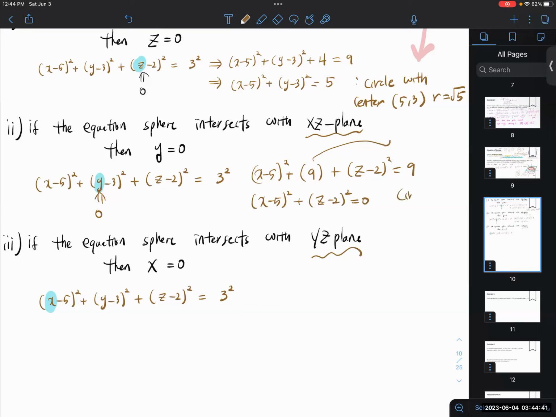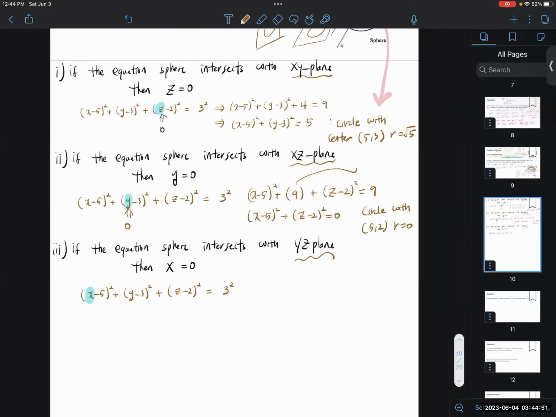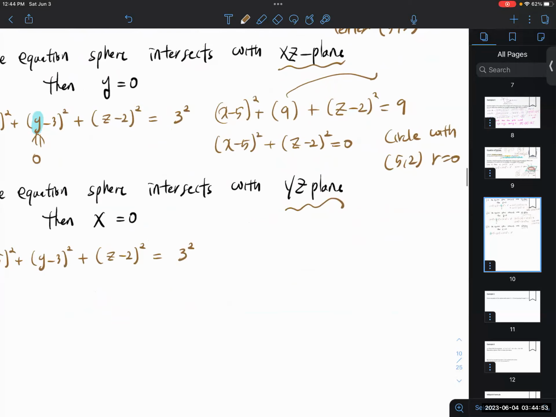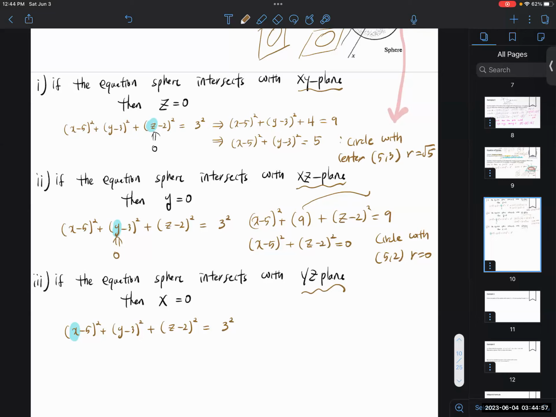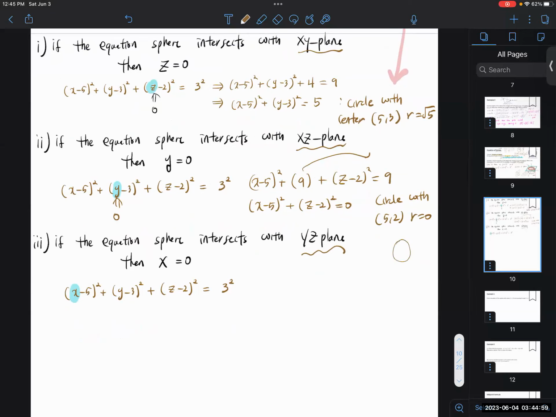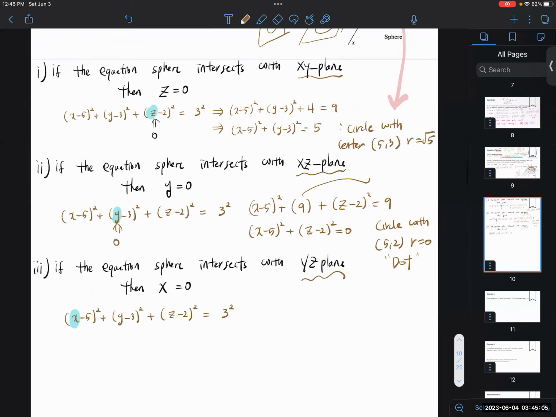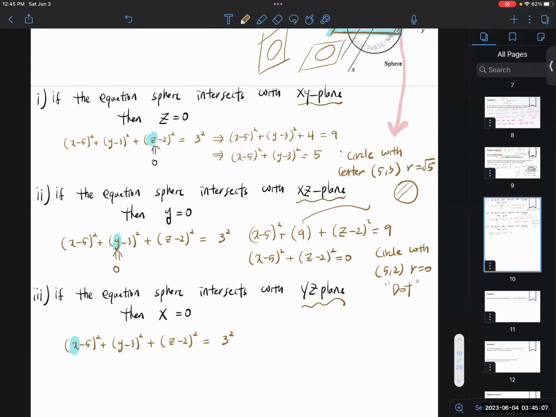So this is also a circle equation with center at (5, 2) and radius 0. So it's like a dot, right? It's like just a point. So when you hit the XZ plane, it's not even going to be a circle. It's just a dot, because the radius is 0. It's like a dot at (5, 2). This is a circle shape.